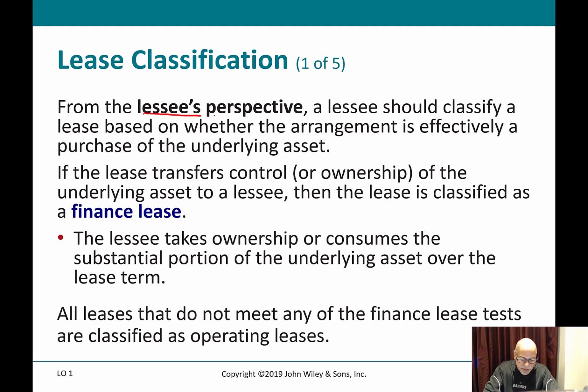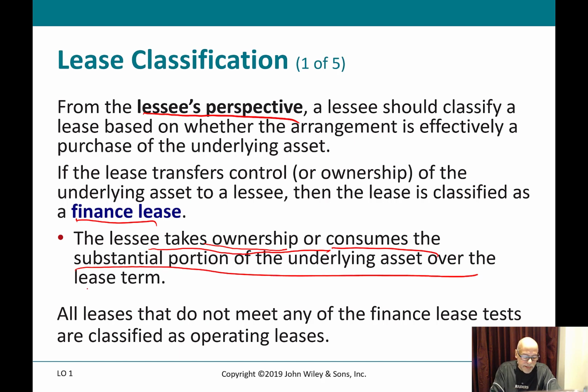Notice that from the lessee's perspective, we have a finance lease if there's something to indicate that the lessee is taking ownership of that, or if they are consuming a substantial portion of the underlying asset over the lease term.